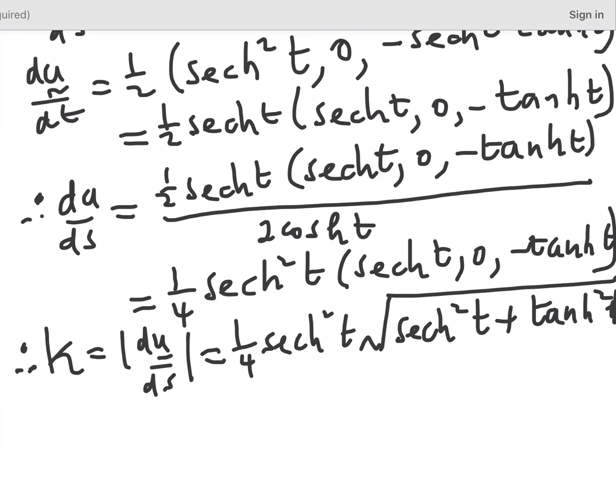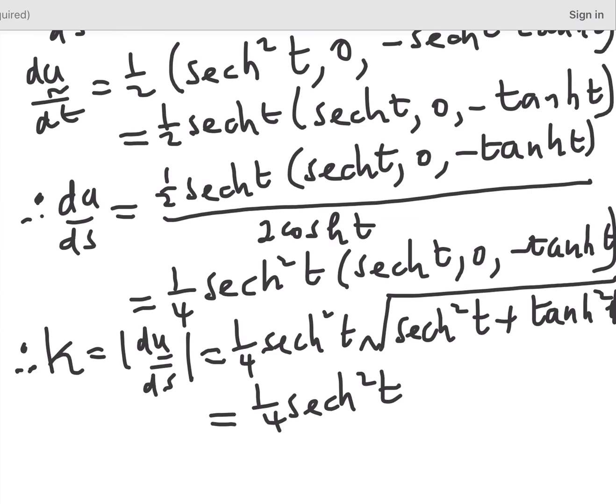In trigonometry, secant squared minus tan squared is 1. In hyperbolic functions, hyperbolic secant squared plus hyperbolic tan squared is 1. So this then simplifies as 1/4 hyperbolic sec squared t, being the curvature of the curve we had earlier on, namely vector r.